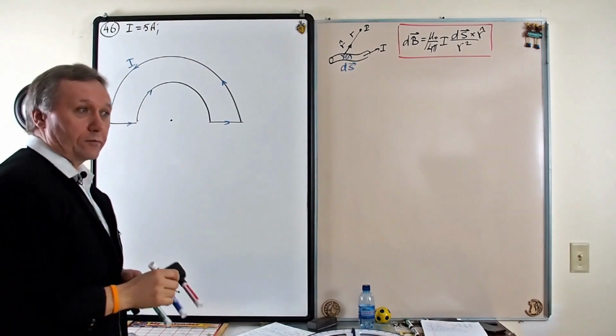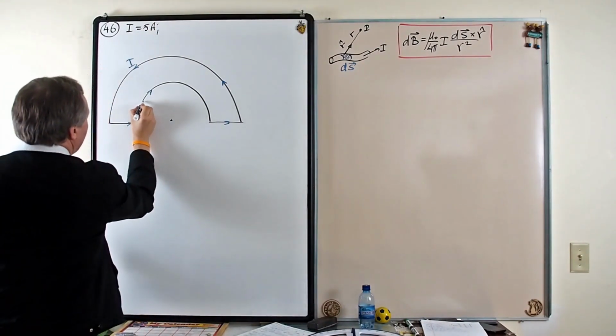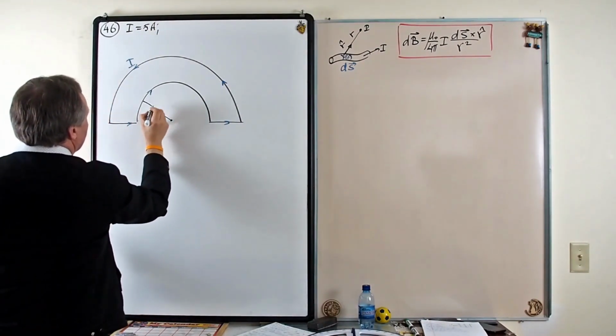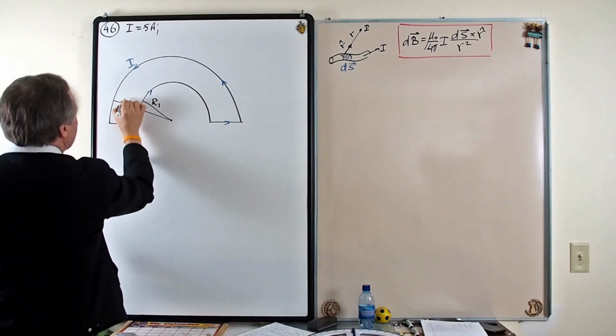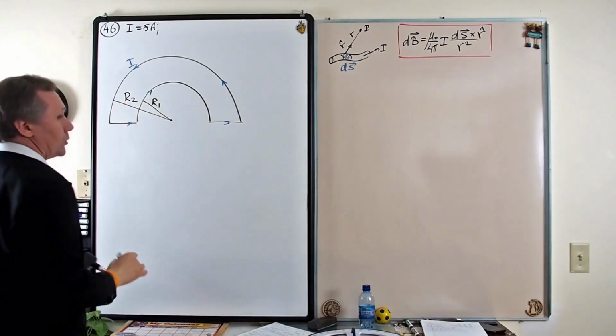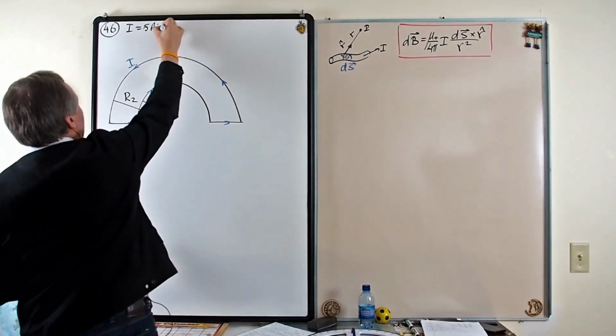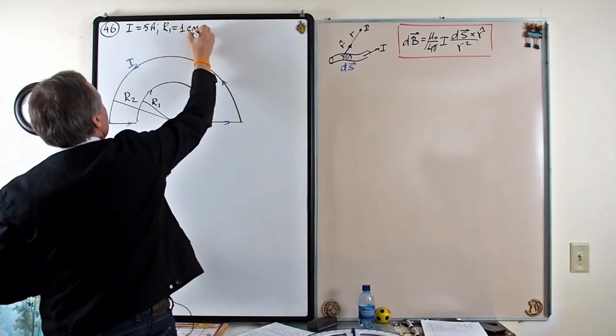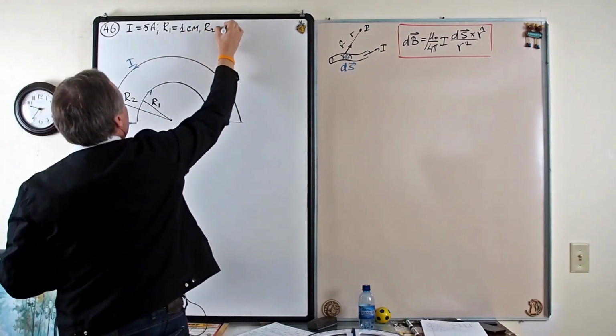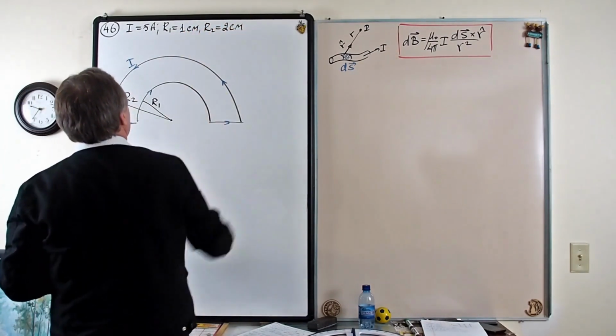Then radii are given. Let's say this is R1 and that is R2. The values are given: R1 is 1 centimeter, R2 is 2 centimeters.